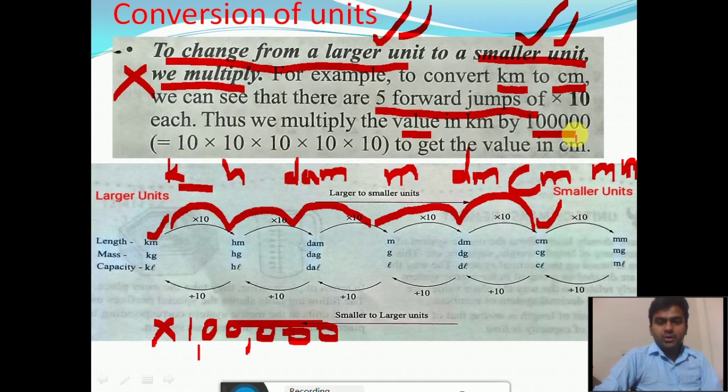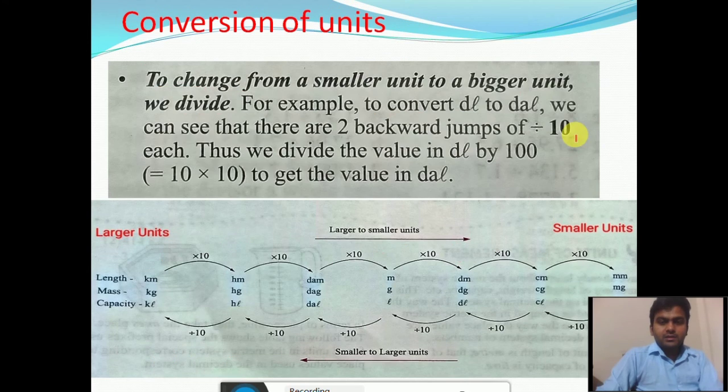I hope you understood this. Next, to change smaller unit into the bigger unit. For that case, I told you that you have to divide the given number as per the number of jumps.